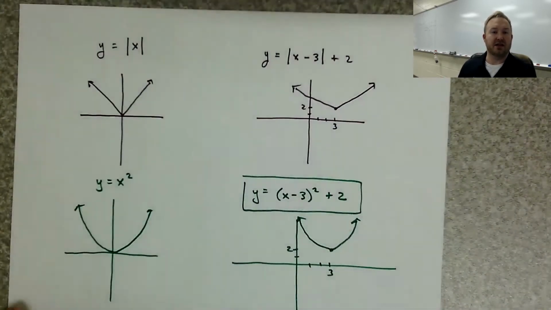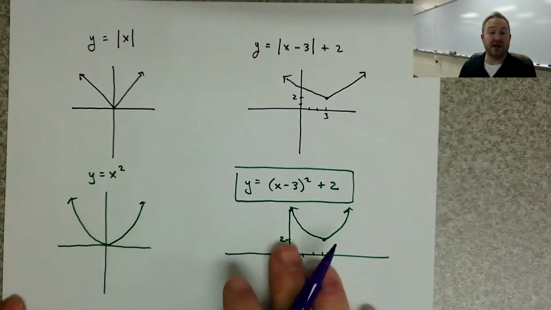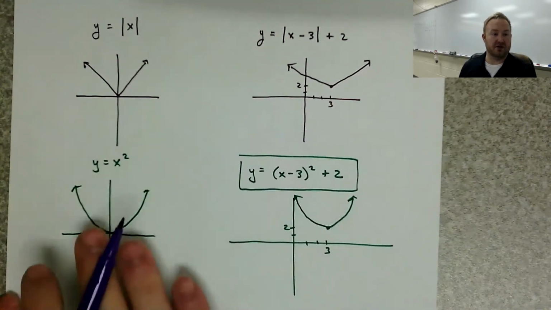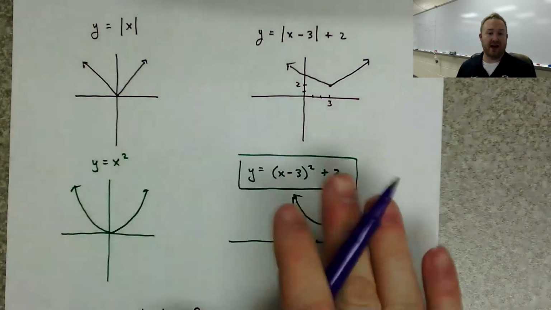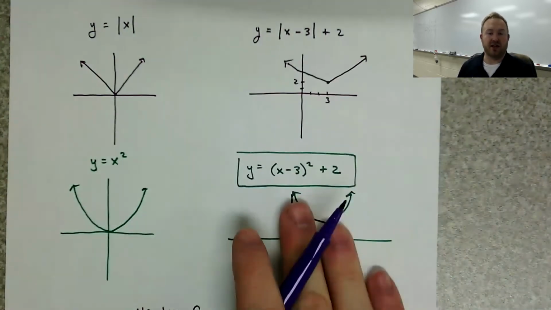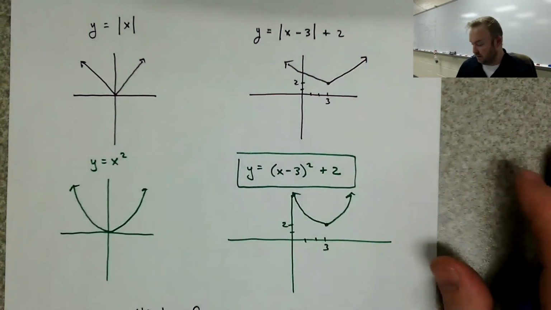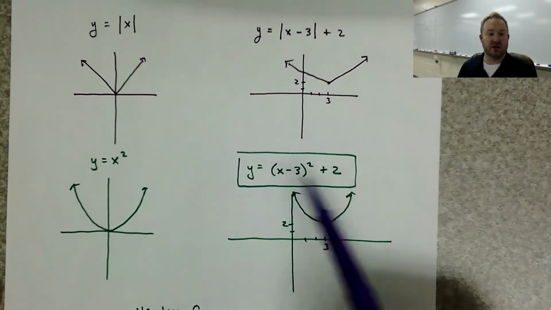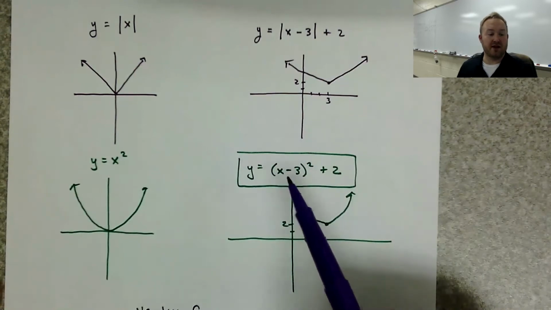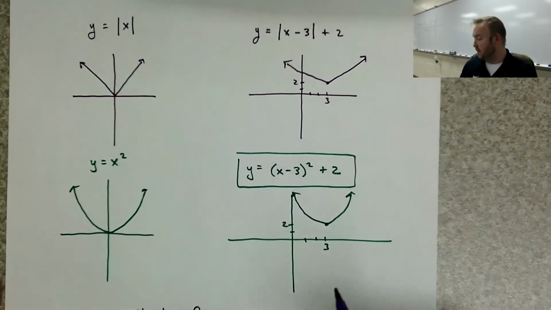And then we continued that idea with a quadratic function. If we start with y equals x squared, we can move that. I just moved this the same way I moved the absolute value one, just to make that a little bit easier to follow. But this is what it would look like if we move the quadratic function right 3 and up 2.